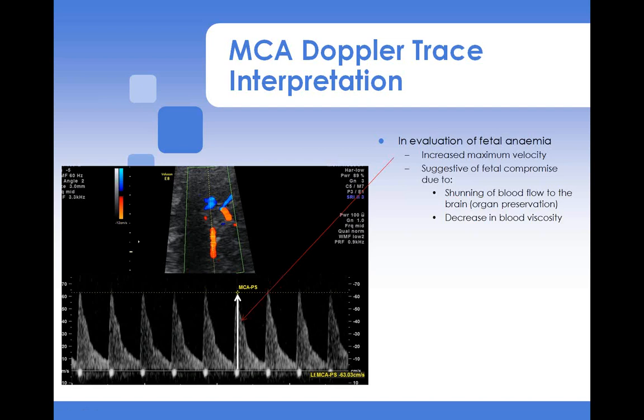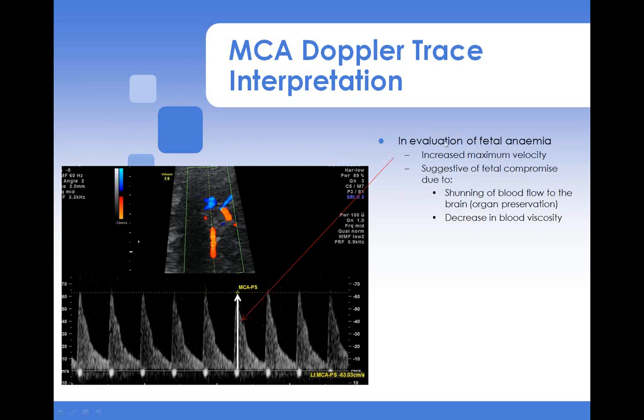In fetal anemia, we measure the peak systolic velocity, and you can see in this image, it was an extremely difficult scan, and I used the distal middle cerebral artery rather than the proximal one, because the proximal one was very difficult to access, and the angle correction would have been beyond 35 degrees. So here's the distal one, which is still fine.